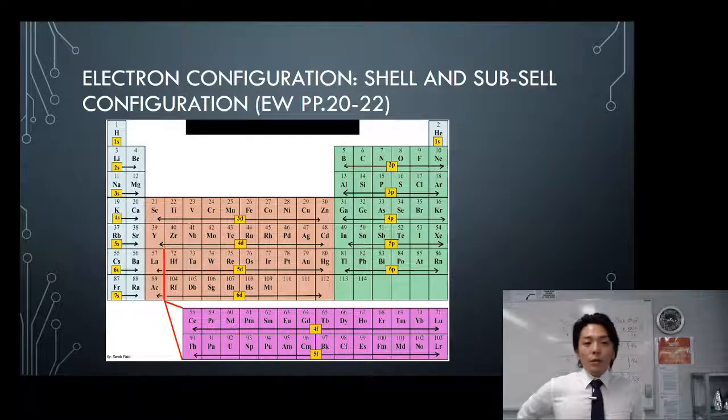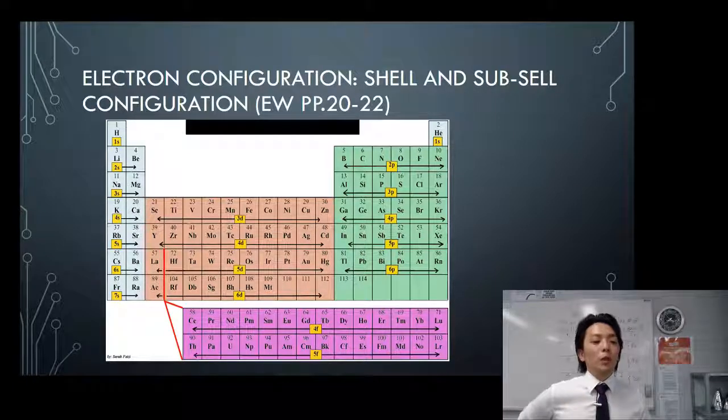If you're asked which block nickel lives in, you can just say it lives in the D block of the periodic table. How about arsenic? Arsenic lives in the P block, because you can find arsenic in the 4p subshell. Or what is one of the heaviest metals that lives in the P block?